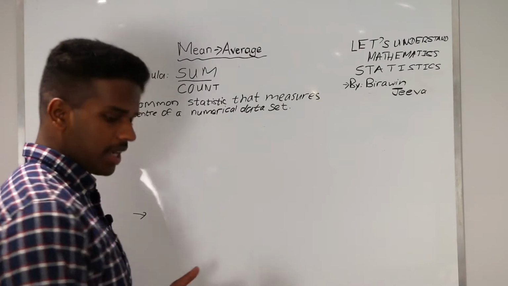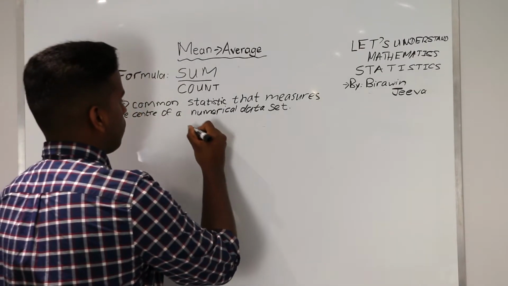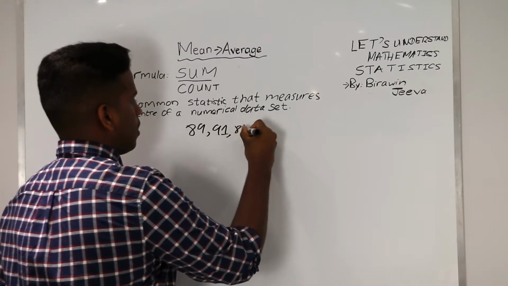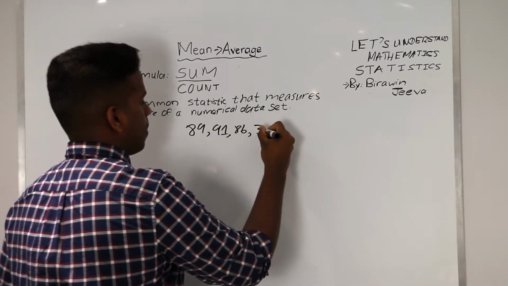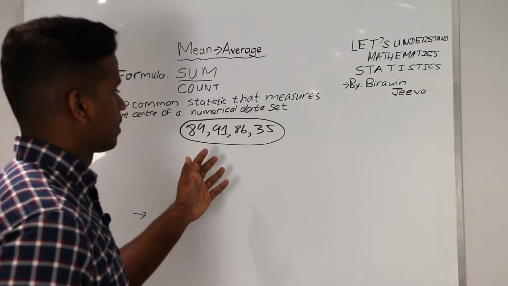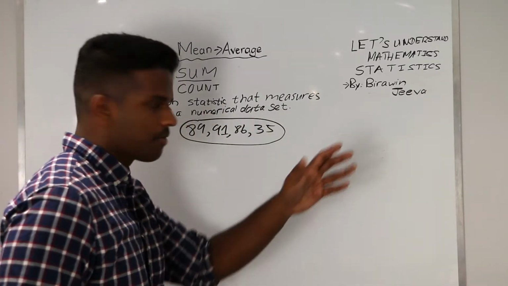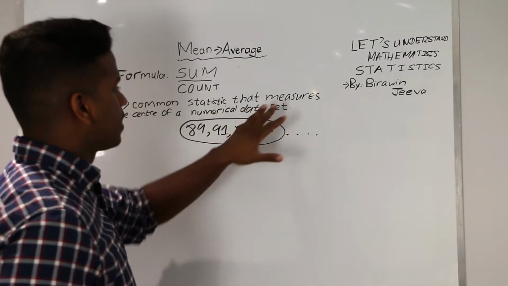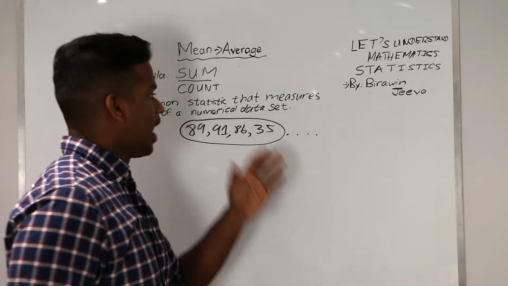So for example, you're looking at the grades of the people in your class. It would usually be more than 4 numbers, but for example, in these 4 numbers, this is what you call a numerical data set. You have a list of numbers here, and they're from a data.